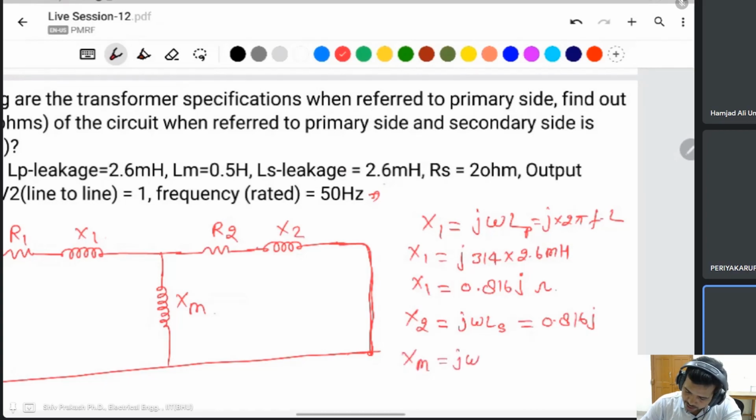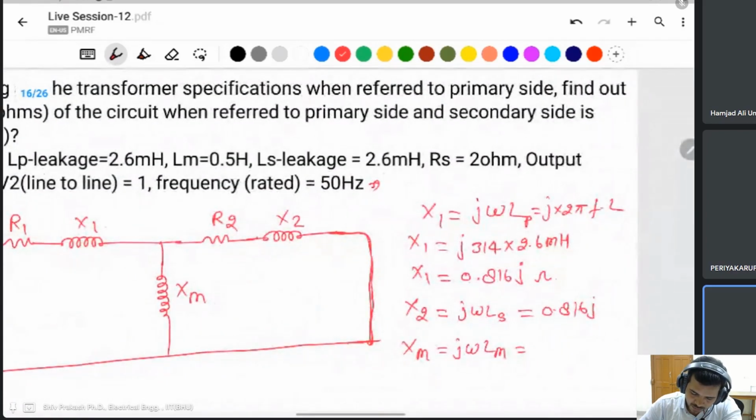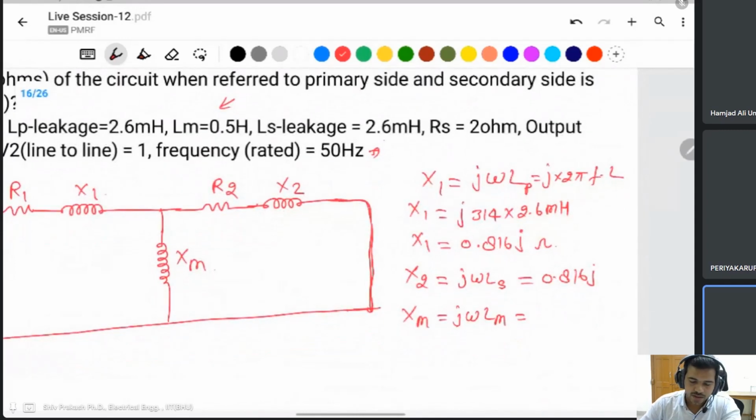Xm is j omega LM. LM is 0.5 henry. In 0.5 henry, it means 314 into L is 0.5, which gives 157.